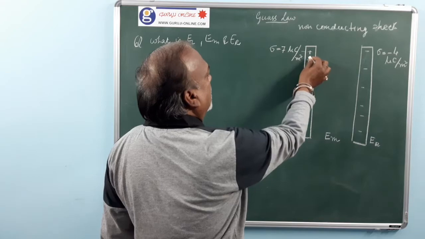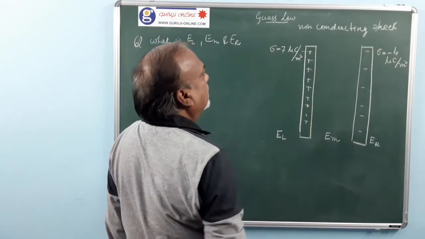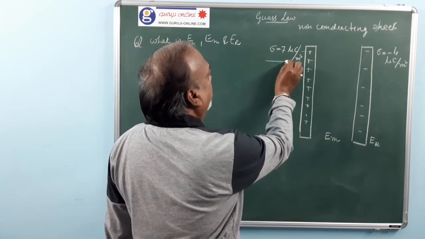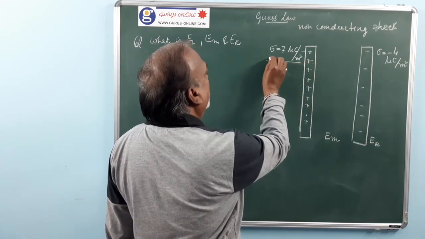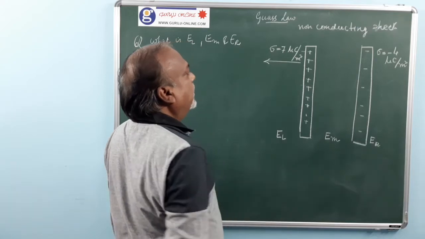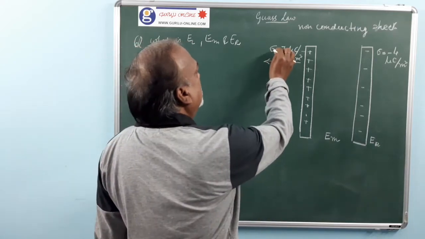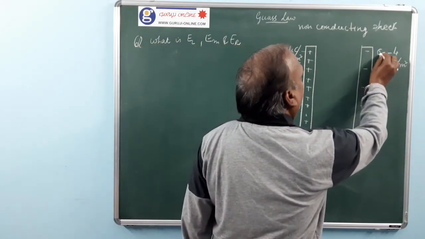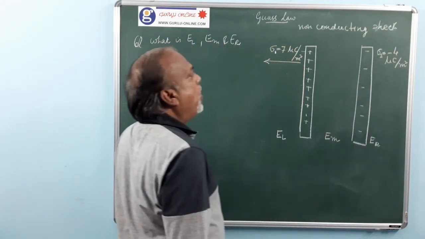It is a positive sheet, so naturally electric field due to this, suppose this is sigma 1 and this is sigma 2.